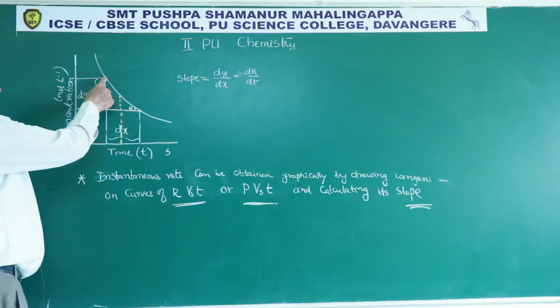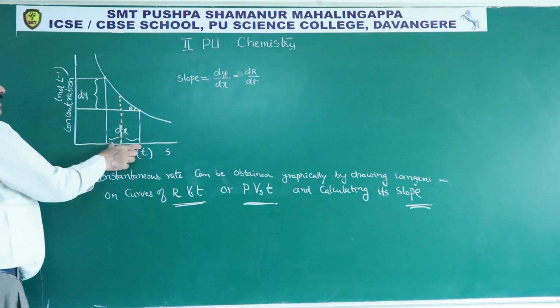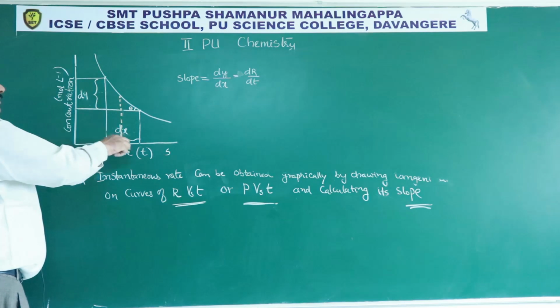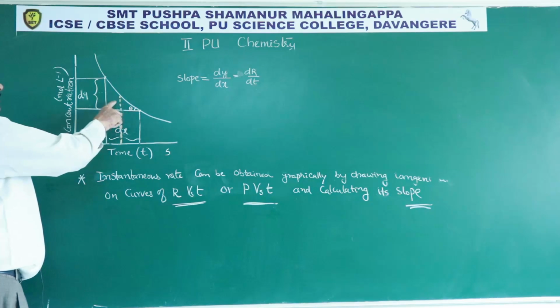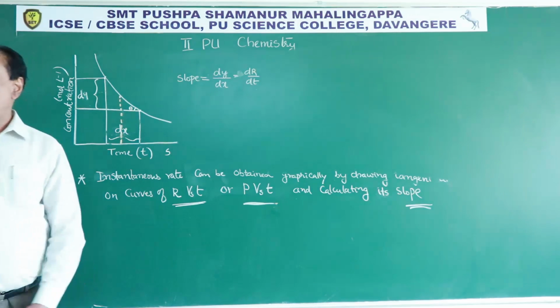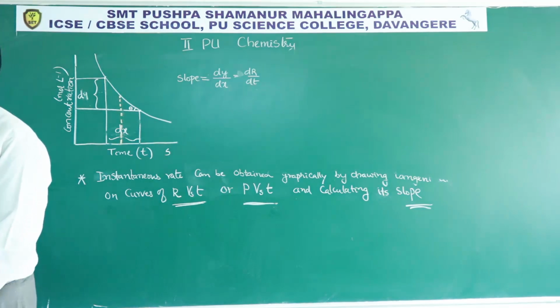This small difference is delta t, and this small difference is delta R. When delta t tends to 0, at that instant of time, it is called the instantaneous rate of a chemical reaction. This is with respect to the reactant side.